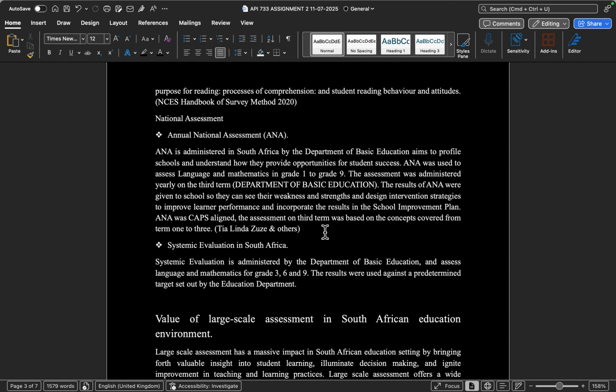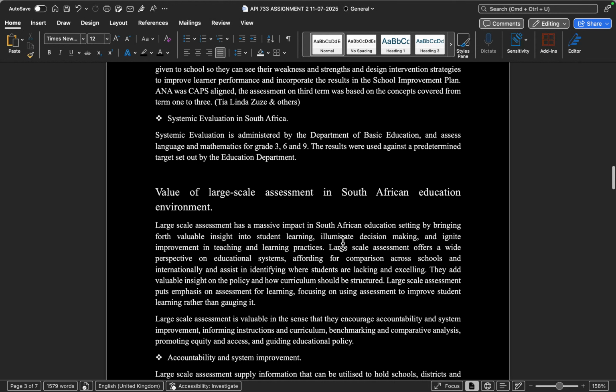It is administered yearly in the 3rd term, and the assessment comprises the work that was done from term 1, term 2 up until term 3. Systemic evaluation is also CAPS aligned, as well as ANA.